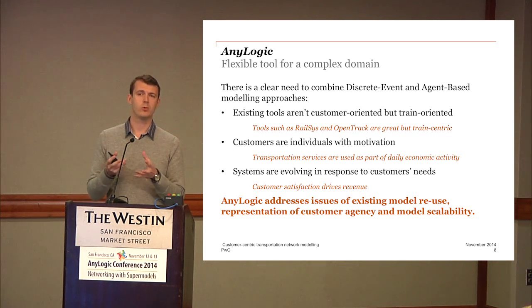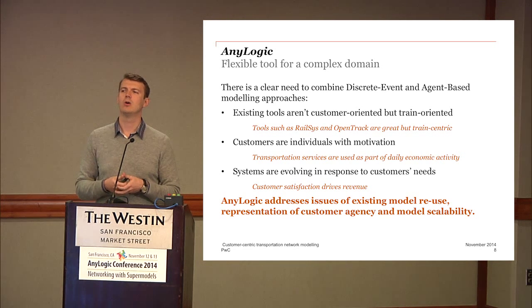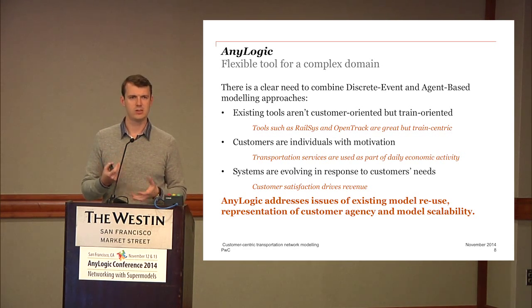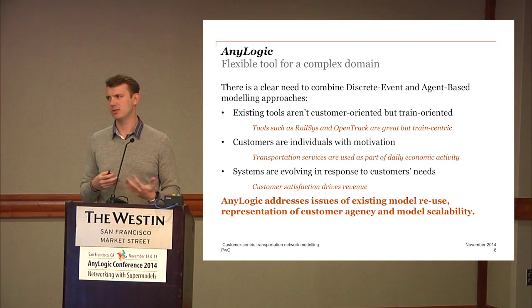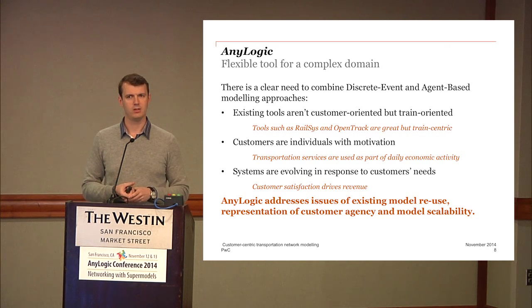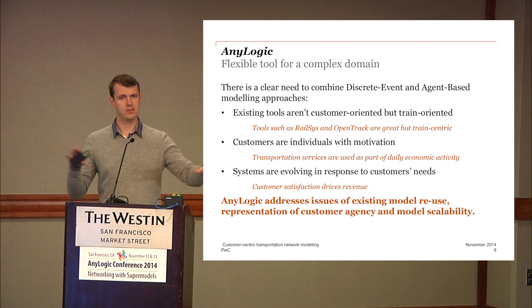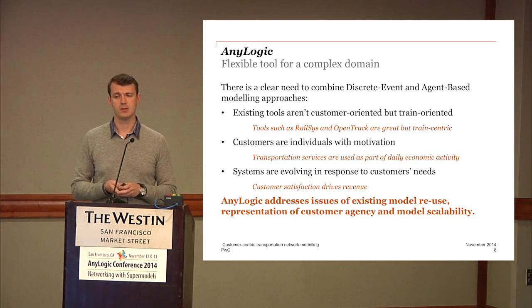But what's more important is that if you want to extend it, if you want to have new types of customers or new types of trains, you can do it with relative ease. It's a few days of work, depending on the complexity, once you've established the base network model, to start running different types of trains on it. And that's something that other tools don't do so well: scalability.